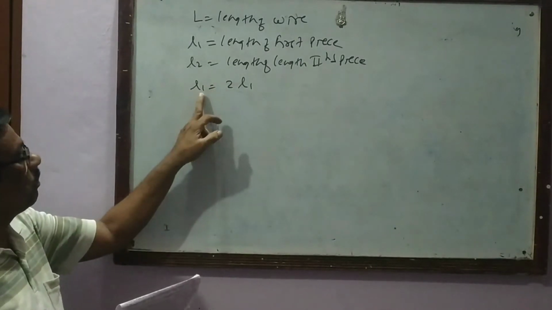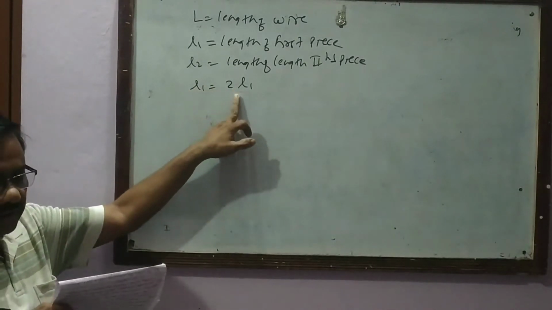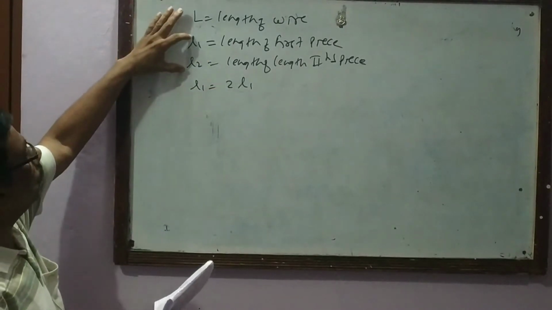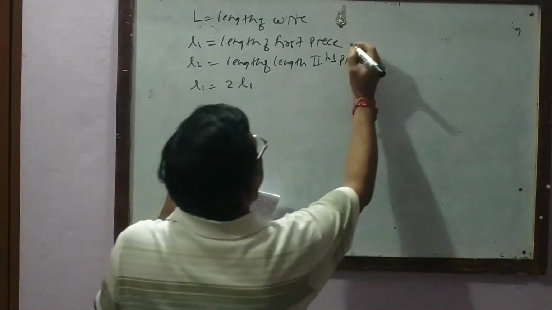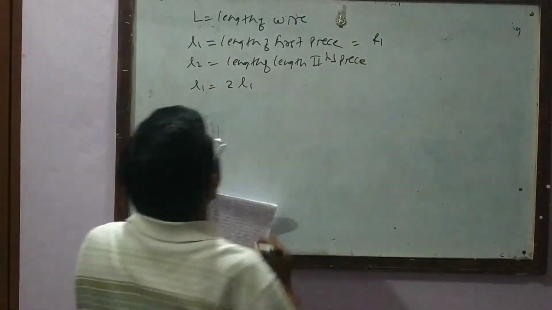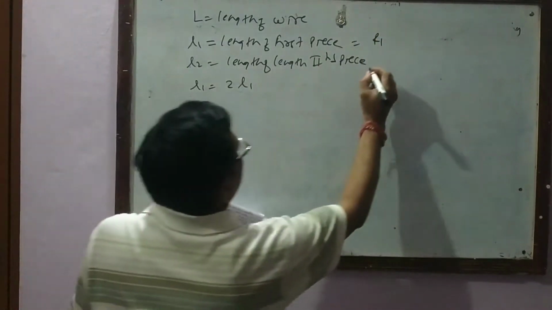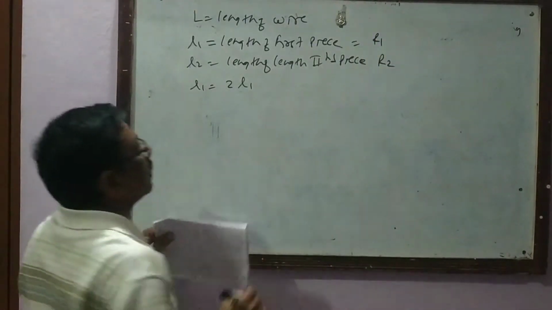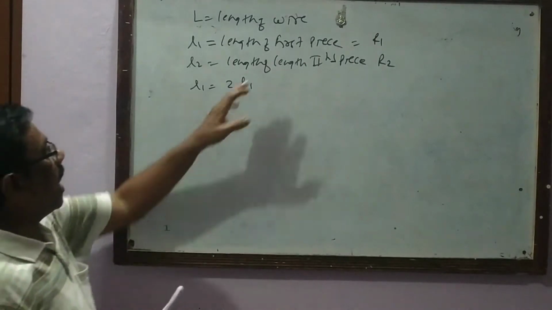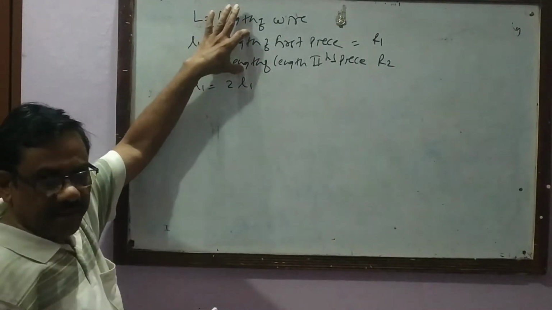The length of the first wire is twice that of the second, and these two wires have resistances R1, the resistance of the first wire, and R2, the resistance of the second wire, and both wires are made up of the same material.